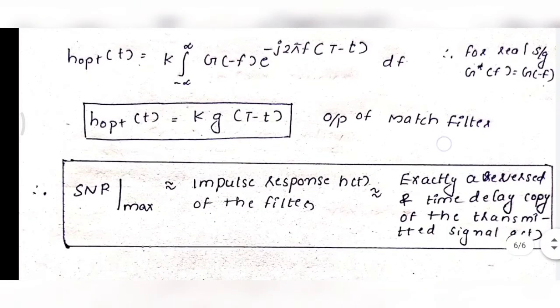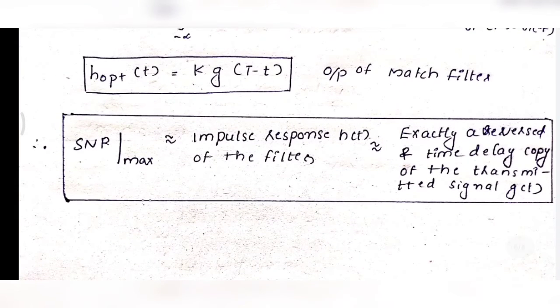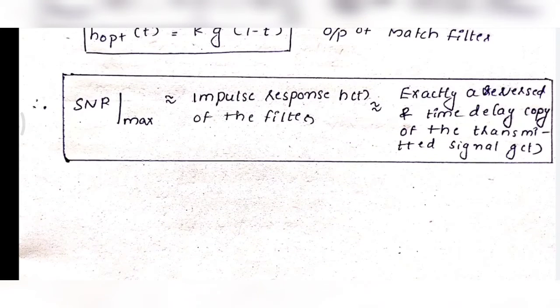So we can see that to get the optimum detection using matched filter, the signal to noise ratio should be maximum for the impulse response of the filter, which is exactly a reversed and a time delayed copy of the transmitted signal g of t.